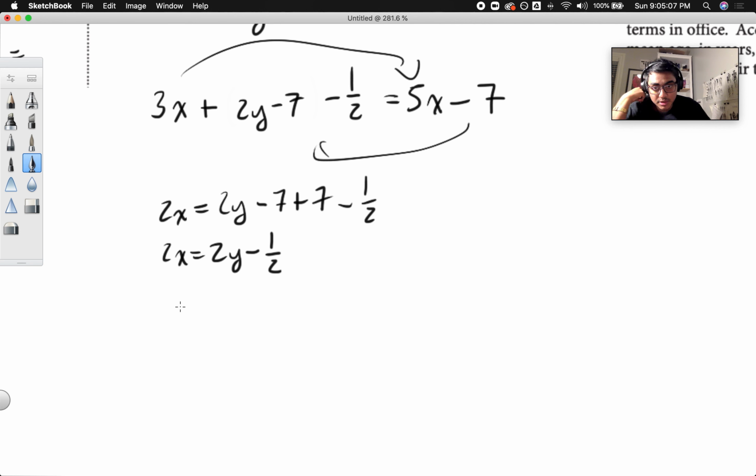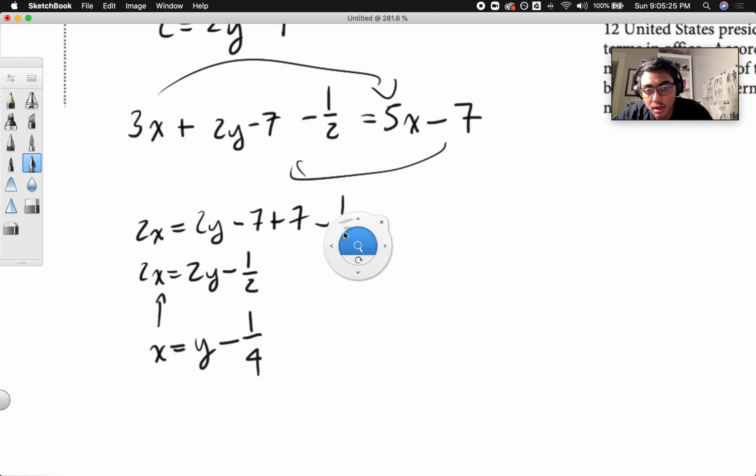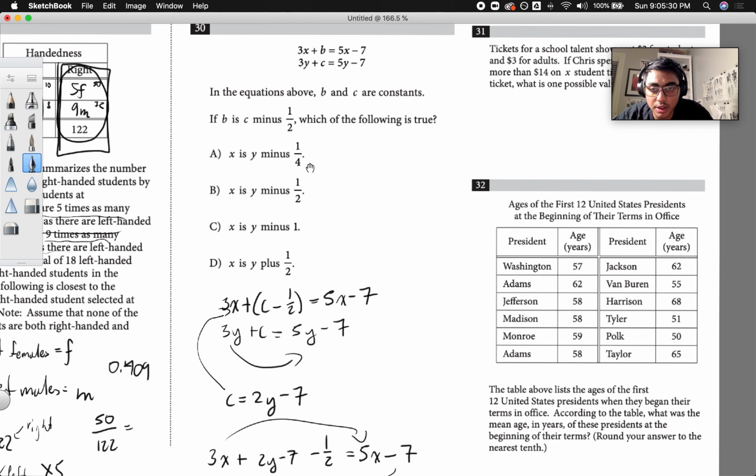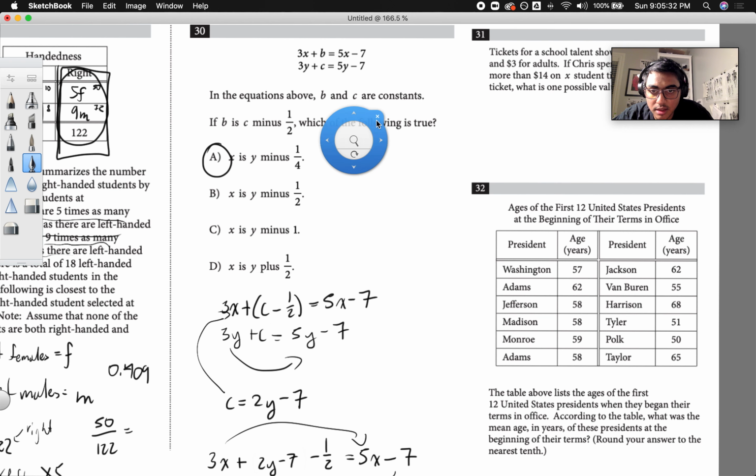And we're not done, you're almost done. You just have to divide everything by 2 to make x by itself. So 2y divided by 2 is just y, and negative 1/2 divided by 2 is negative 1/4. So x is equal to y minus 1/4, which is A.